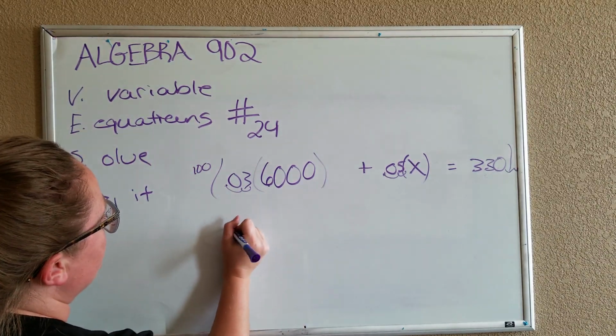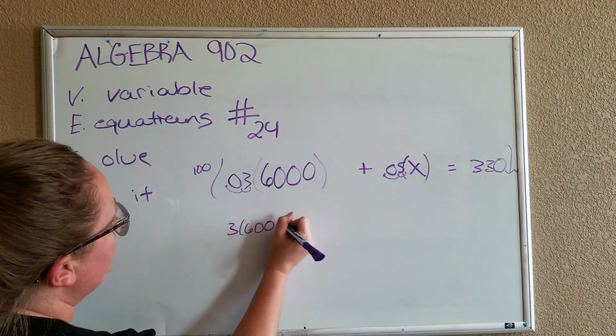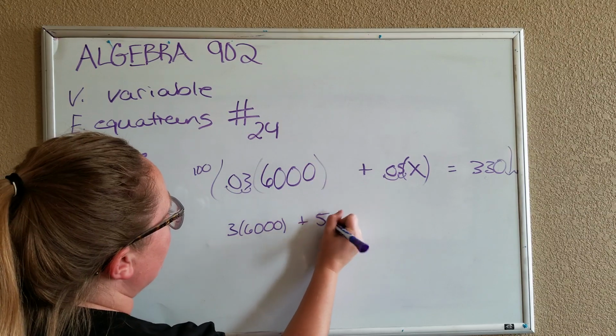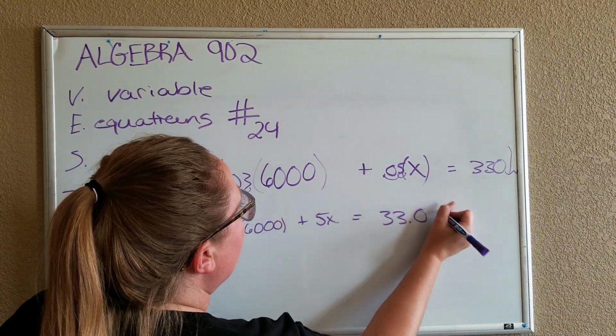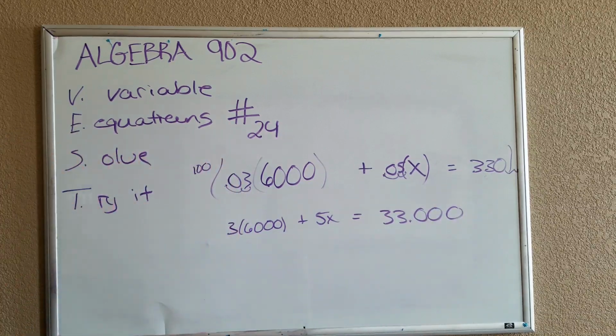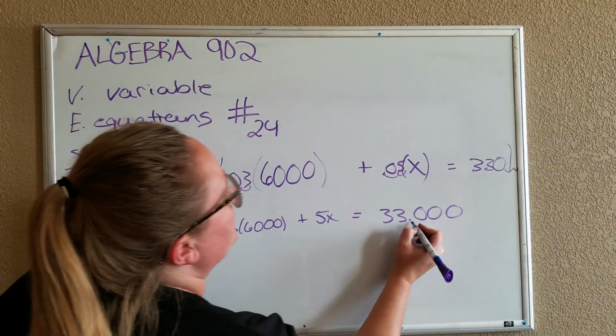So what you end up with is 3 times 6,000 plus 5 times x equals 33,000. So we don't have decimals anymore. That's a comma, not a decimal.